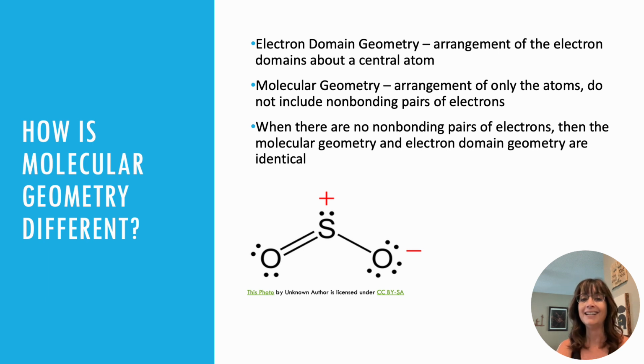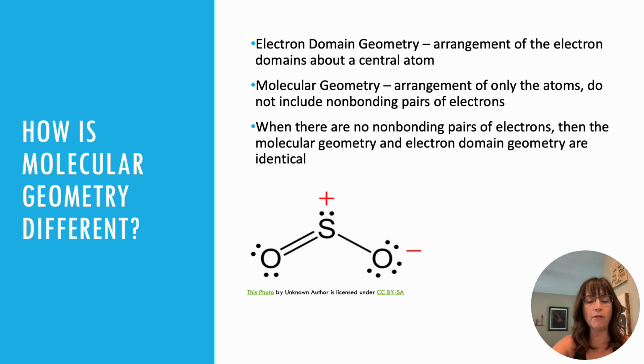Molecular geometry is not necessarily the same as the electron geometry. You start with the electron geometry. To go to the molecular, you need to remove any non-bonding pairs of electrons. If I had a model, you've got S, oxygen, oxygen, and something on your model for those electrons sticking out of the S. So 1, 2, 3, trigonal planar.